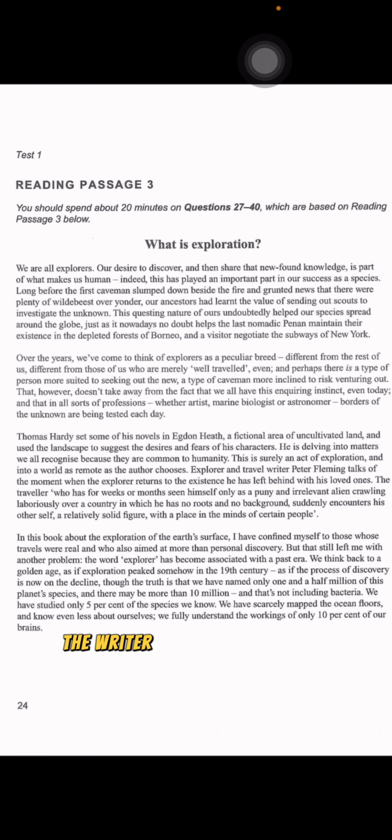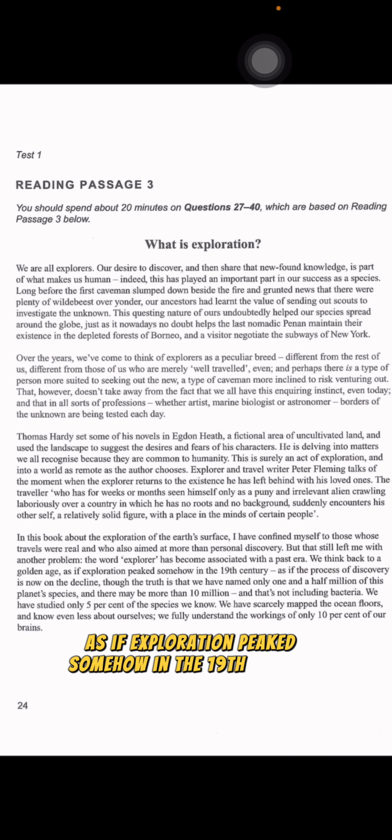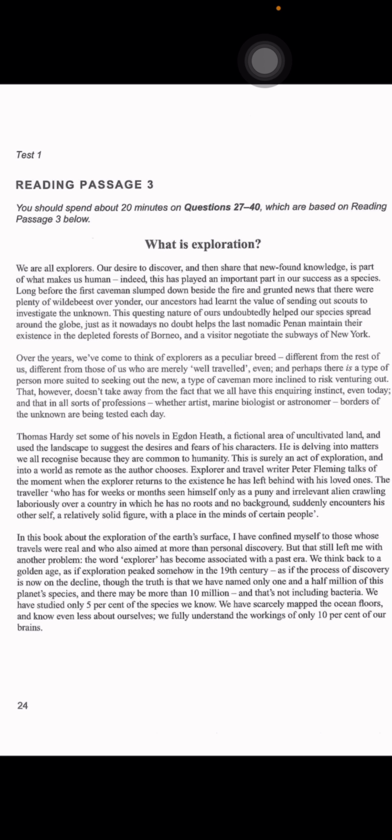The writer says that we think back to a golden age as if exploration peaked somehow in the 19th century, as if the process of discovery is on the decline. Though the truth is that we have named only 1.5 million of these species. There may be more than 10 million.